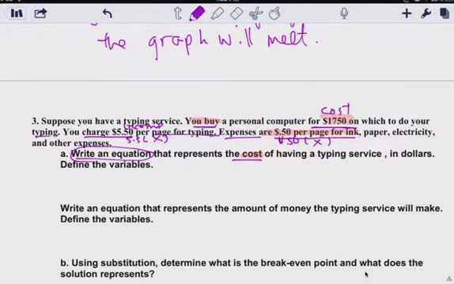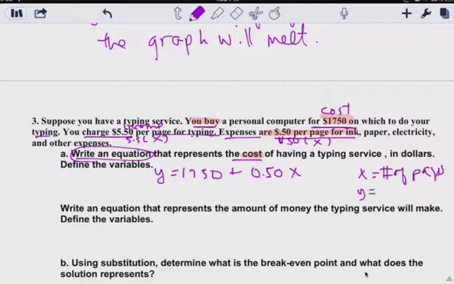So your computer costs you $750 plus every page you type times 50 cents per page. x represents the number of pages. Okay? That equals y. y equals the total expense.